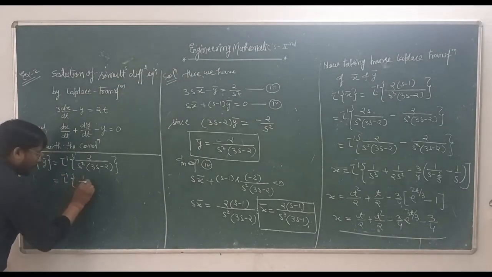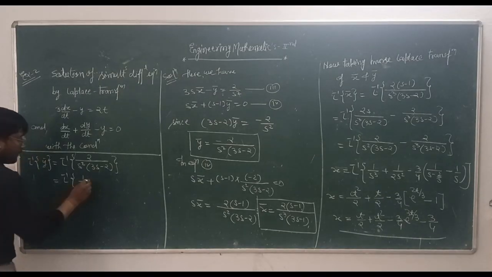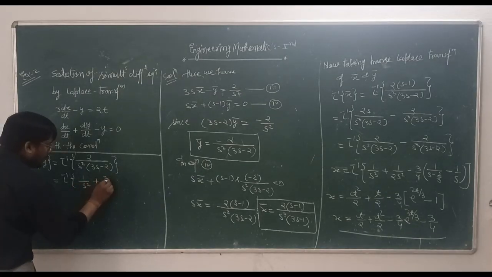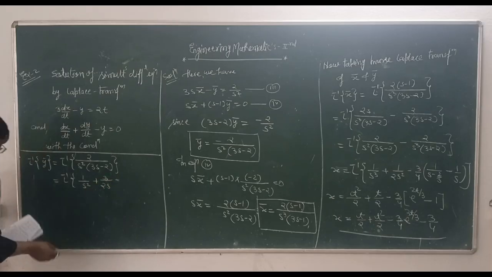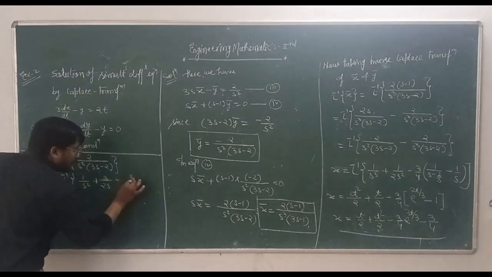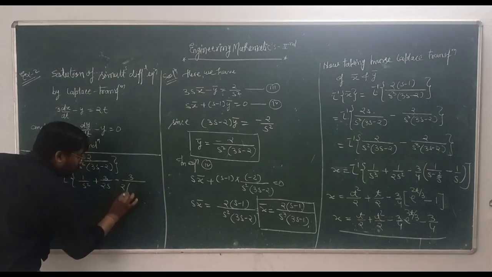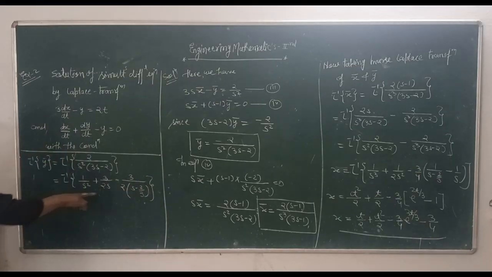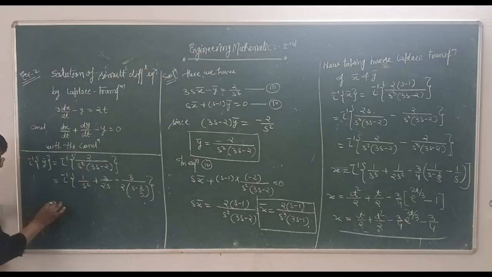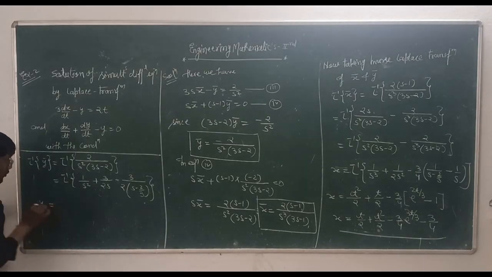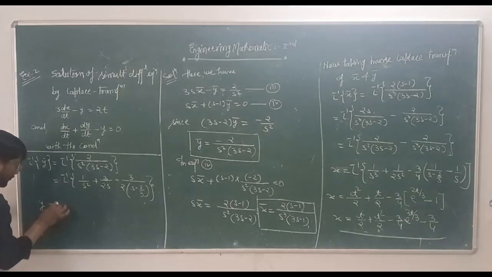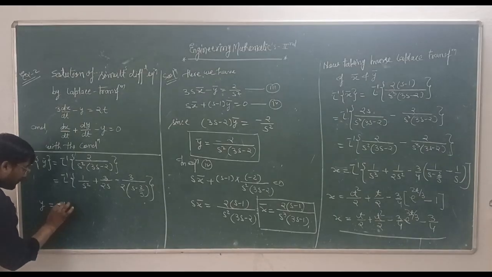This means 1 upon s square plus 3 upon 2s minus 3 by 2s minus 2 upon 3. Now you can take inverse Laplace of this function. You can note down y is equal to inverse Laplace of 1 upon s is equal to t.